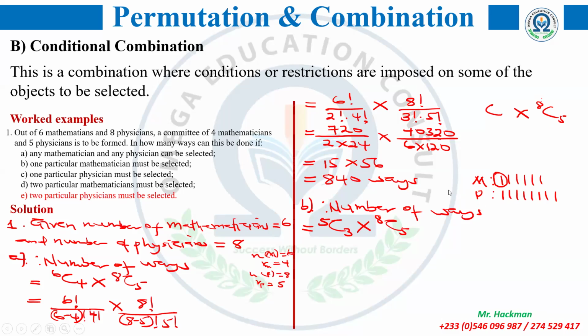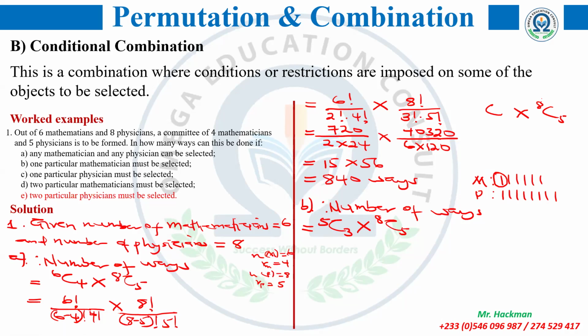Yes. Okay, now you come to the restriction on the mathematician. What is the condition or the restriction? The condition is that one of them must be part of the committee. So one particular mathematician must be selected. Assuming this is the one mathematician who is selected, already for the mathematicians I need to have 4 of them, but 1 is gone.